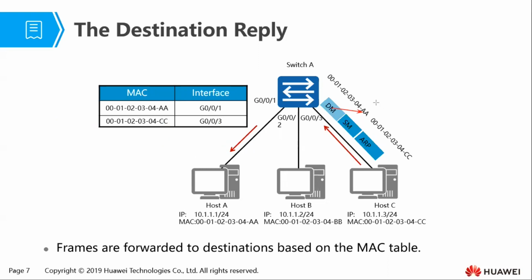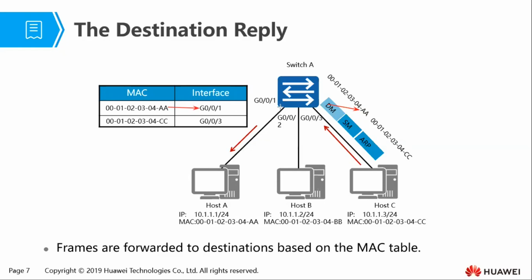So after that happens, the switch this time is going to check its MAC address table. Who has the destination MAC address of this? If it has it, then it's simply going to forward that frame out via the interface which that device has been connected to.